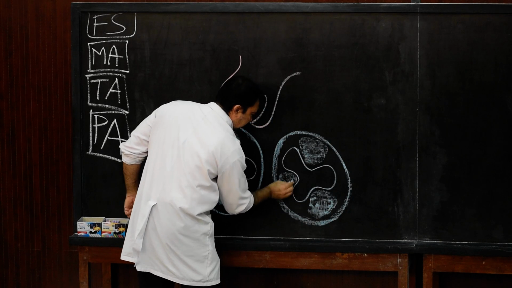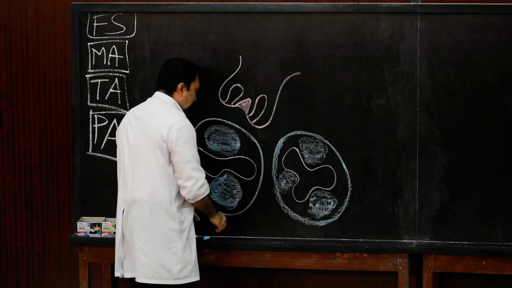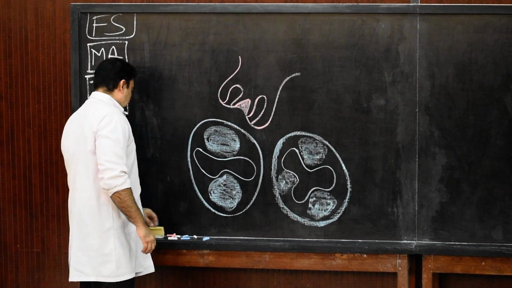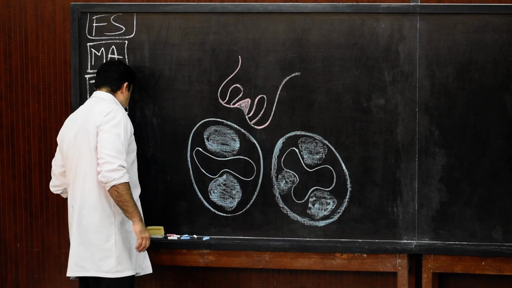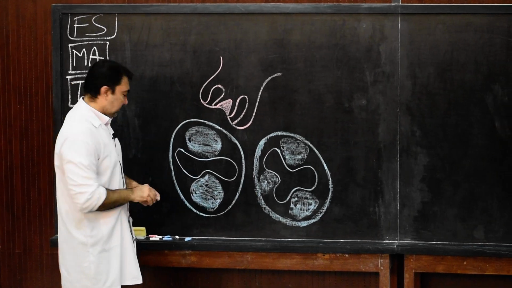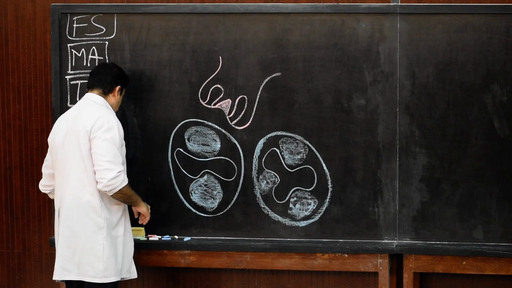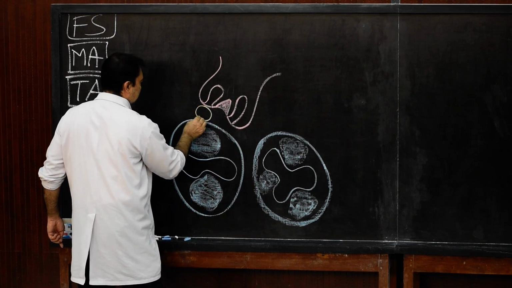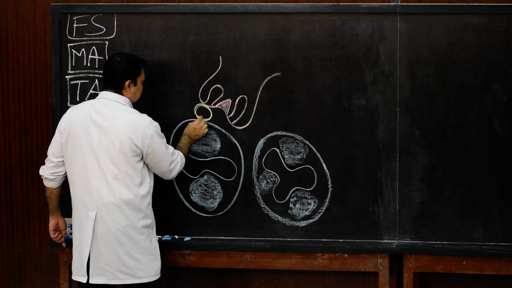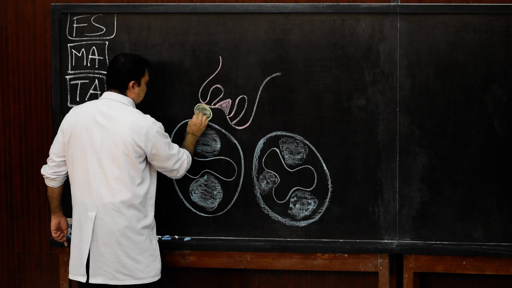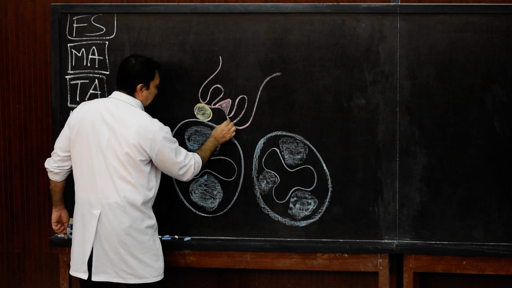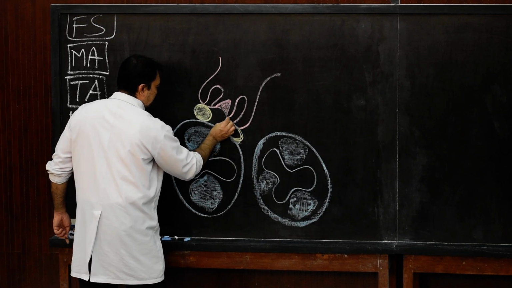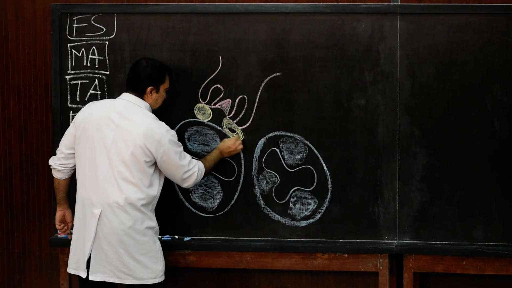In this we are going to show the three cusps. As of yesterday, we had already put over here the left fibrous trigone and the right fibrous trigone. So if we show over here, this one will be the left fibrous trigone, and this portion over here will be the right fibrous trigone.